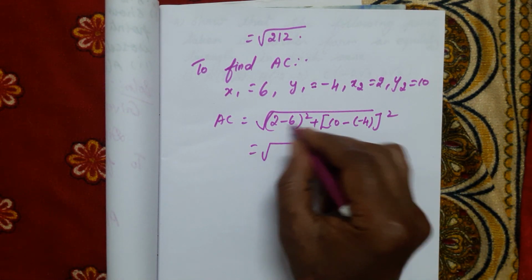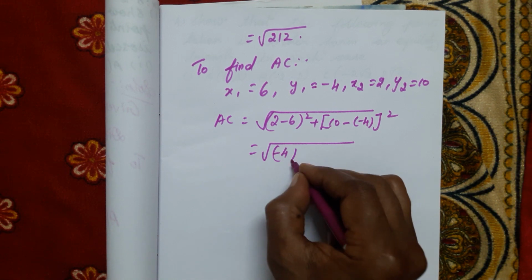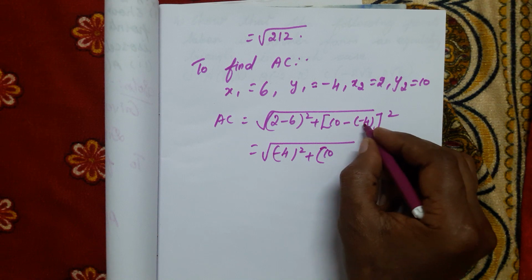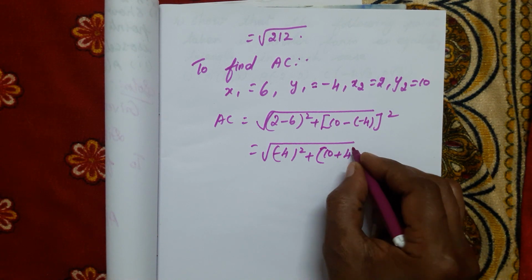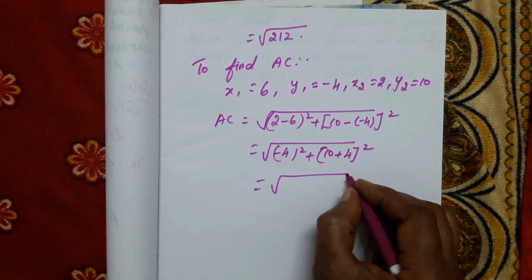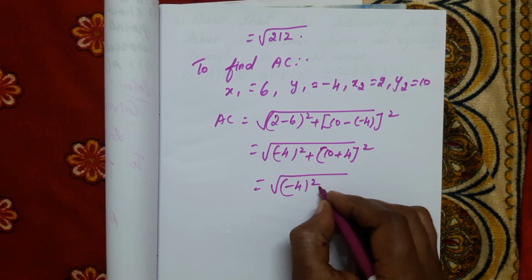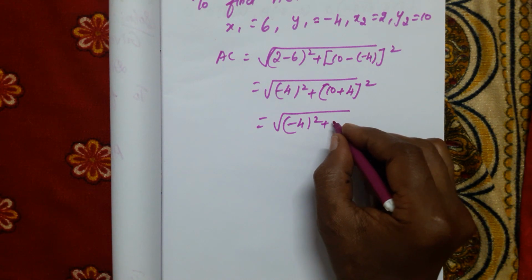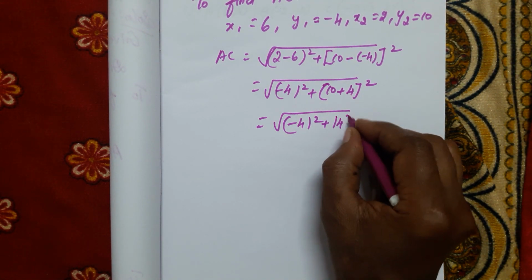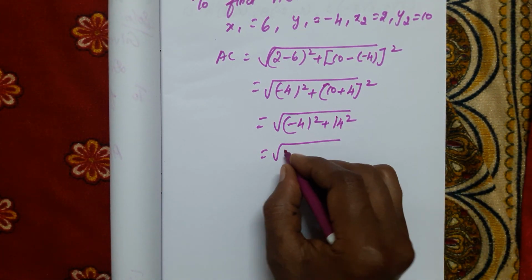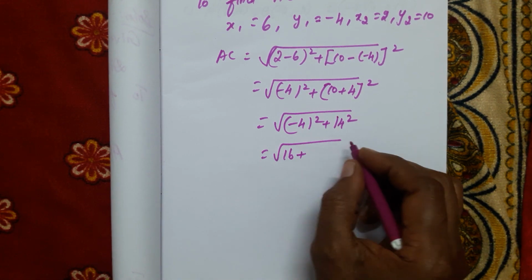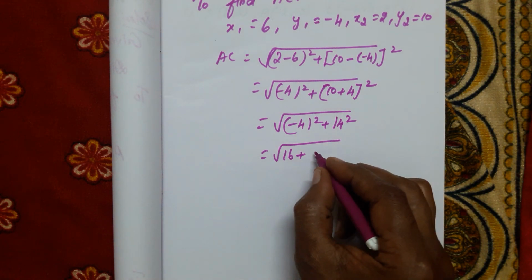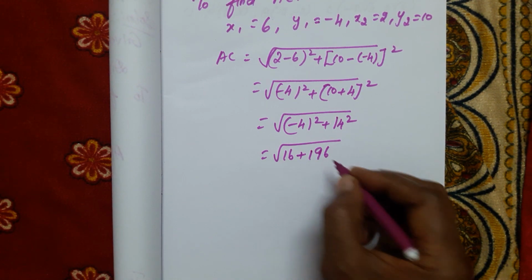It's equal to root of (2 minus 6 is -4) the whole square plus next, 10 minus of minus means plus 4, that is 14 square. 16 plus 14 square, which is 196.